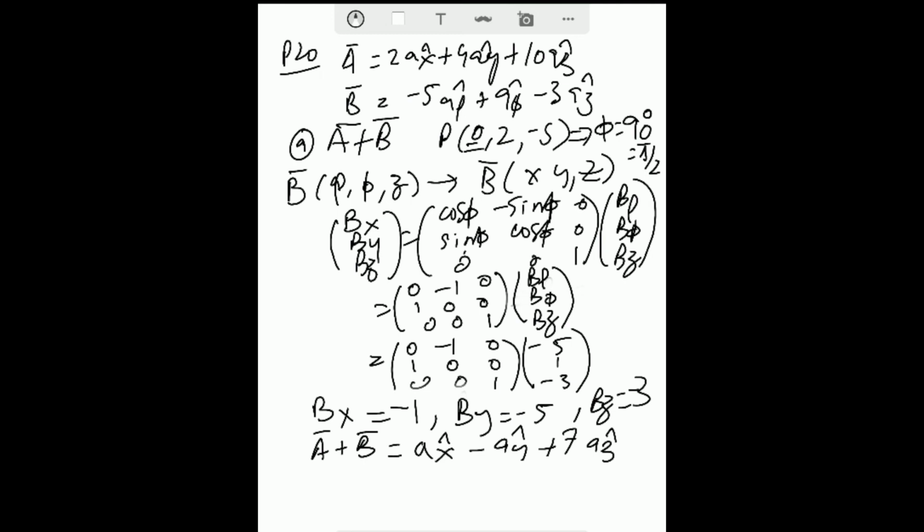Now the B part says I need to find the angle. So as we did before with many questions, to find this angle I just need to take the cosine inverse of A dot B divided by A magnitude times B magnitude, and when I do the calculation, this comes out to be equal to 143 degrees.